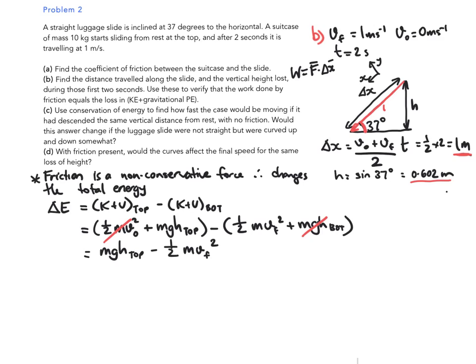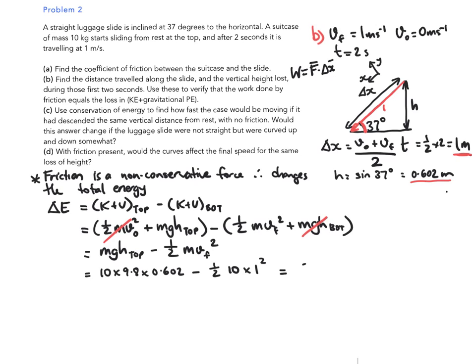So if we put those values in, we get 10 times 9.8 times 0.602 minus half. M is 10 times the final velocity at the bottom, which we're given, actually it's 1, and that's squared.